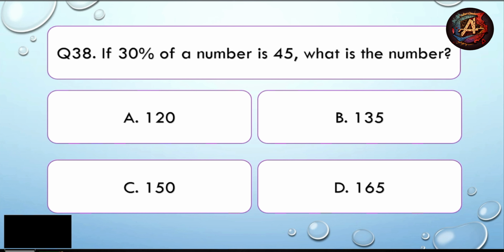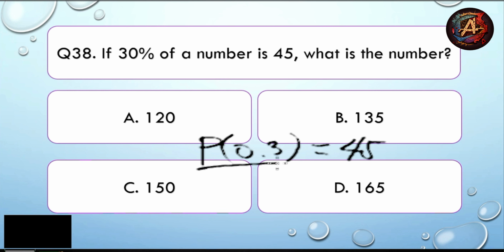Alright, my dear math learners, in this problem, this is basically a number multiplied by 30%. The answer is 45. So if you wanted to solve that, let's say the principal multiplied by 0.3, because 30% is 0.3, and the answer is 45.